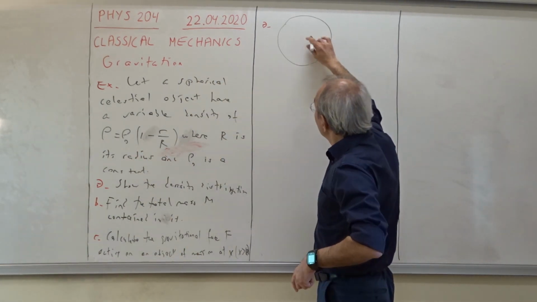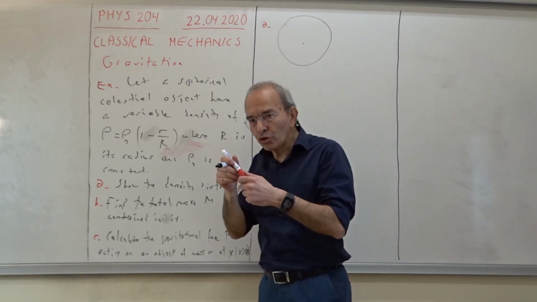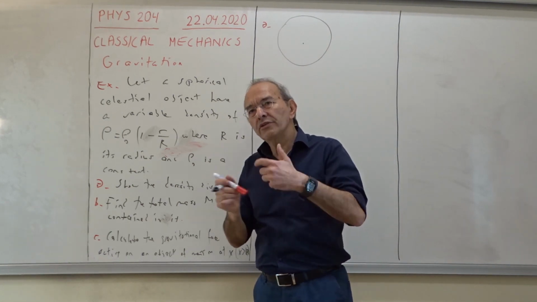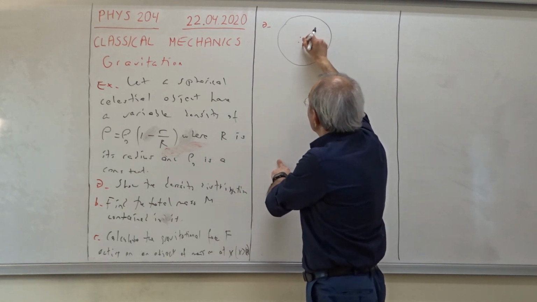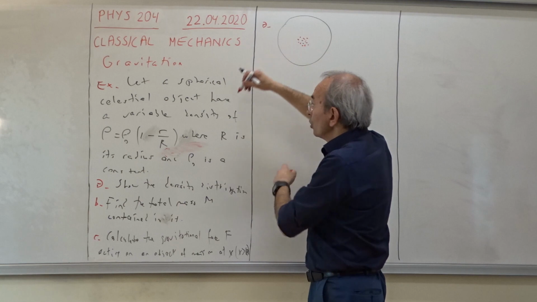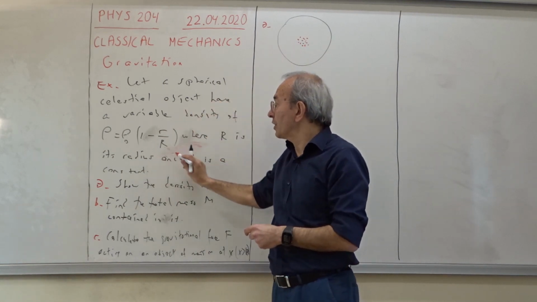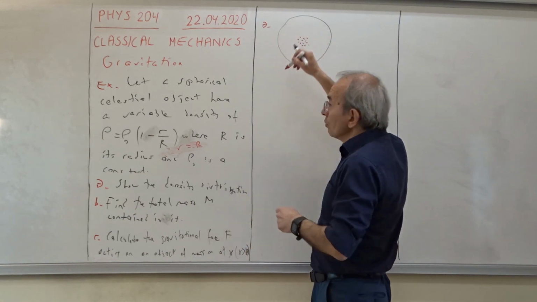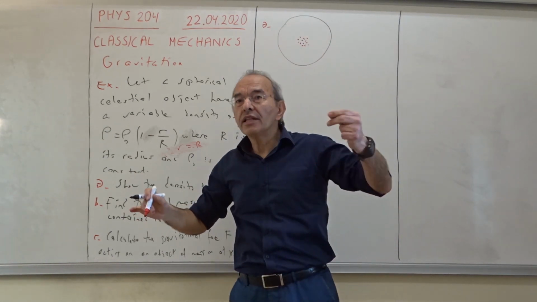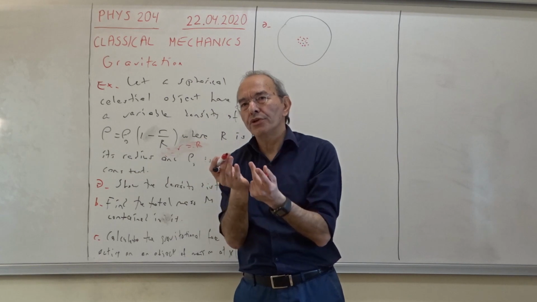So near the center, let me use some red dots to show the relative density of material. Near the center, we have the greatest density. As you go to the surface, where r becomes just equal to capital R, there is almost no density, very light material on the surface.